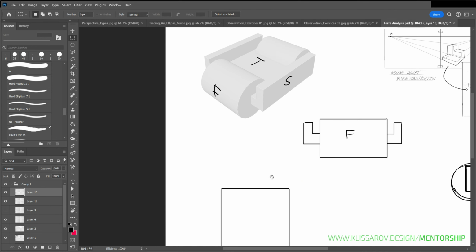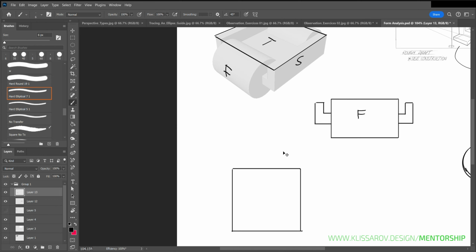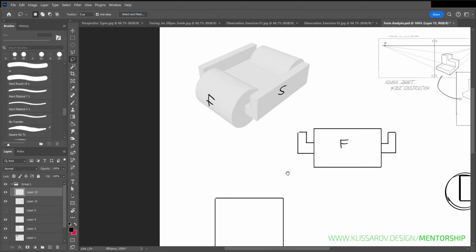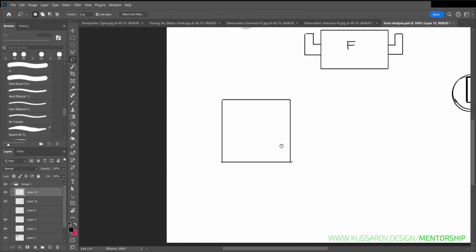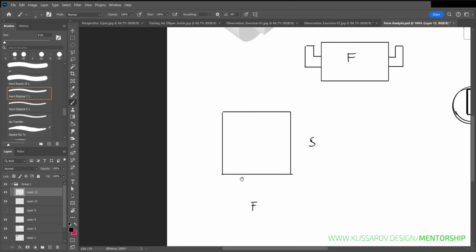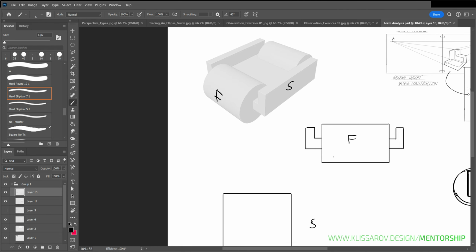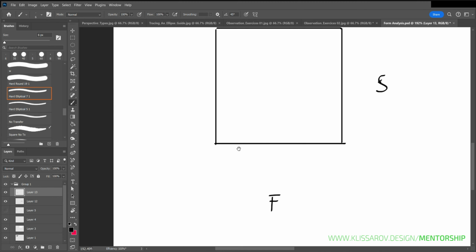We said that the top view shape here, when I analyze it, is kind of a square. And anyways, I tell my students that these shapes are based on squares. So if this is the front view here and this is the side here from top view, then we can implement the cylinder as a rectangle from top view.